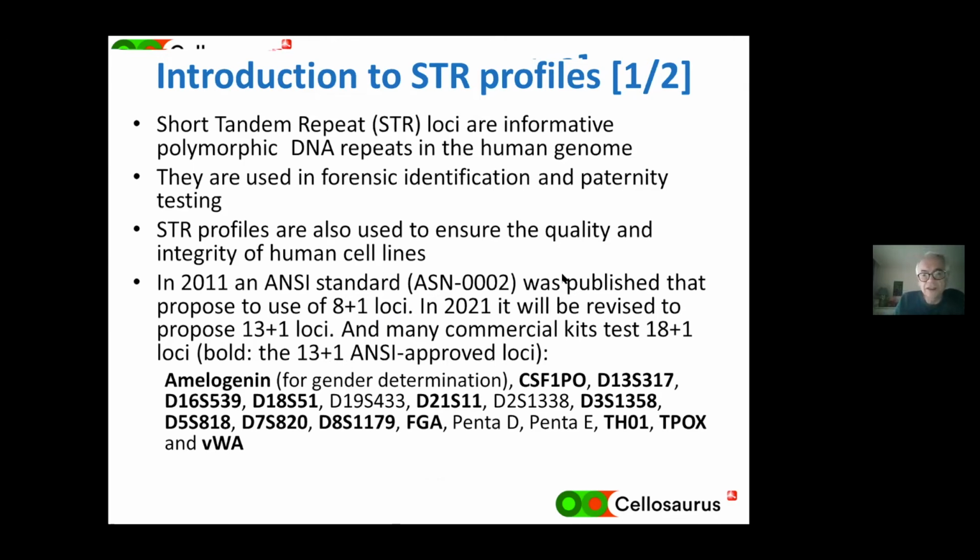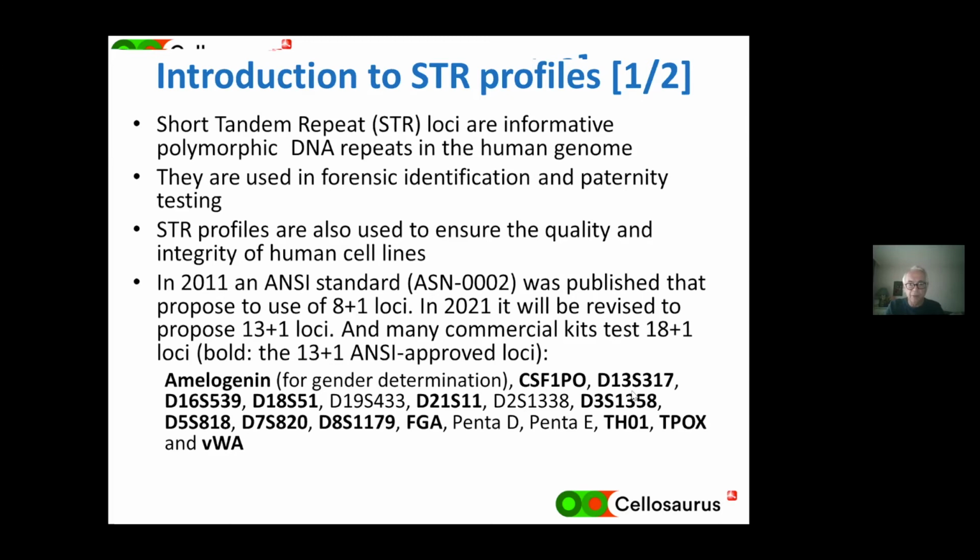Many commercial kits will allow you to test for 18 different loci. Here you see the list of those loci, and why I say 8+1 or 13+1 or 18+1, there is one loci which is just for gender determination. You have either the X version of amelogenin or the Y, X plus Y version if you're male. And so it tests for X or XY using this loci.